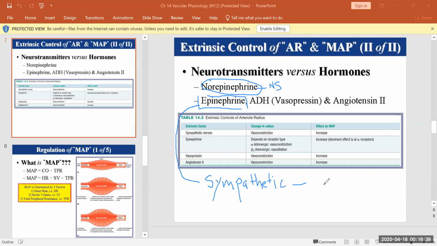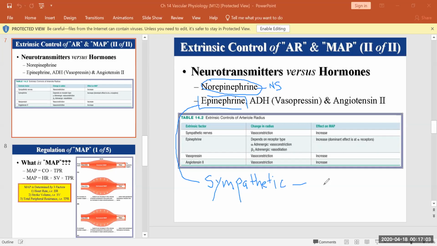So in that case, under this context, epinephrine is not acting as a neurotransmitter, even though its release was induced by the nervous system. But functionally speaking, when it is being released, it's acting as a hormone. Right?